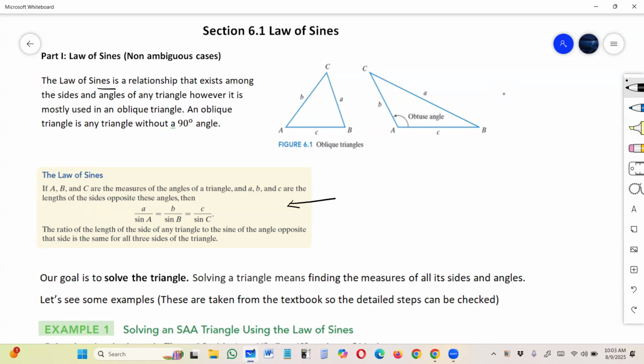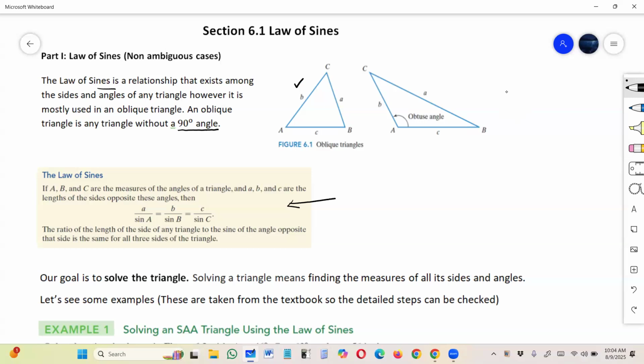However, we don't really apply the law of sines on a triangle that has a 90-degree angle, meaning a right triangle. The reason is that if we have a right triangle, there is another property that may be more useful, which is the Pythagorean theorem. However, the law of sines works on any triangle.